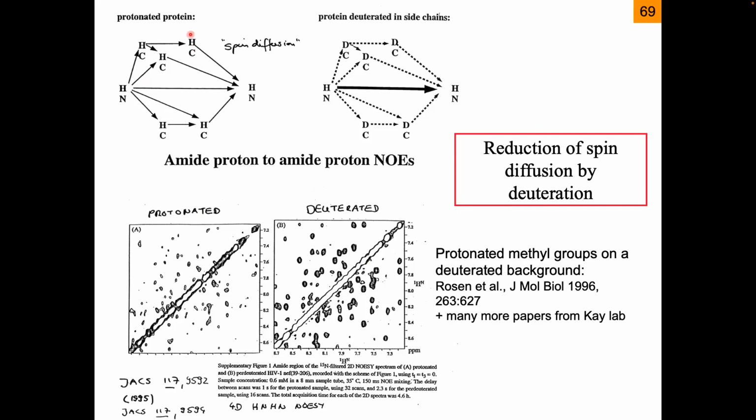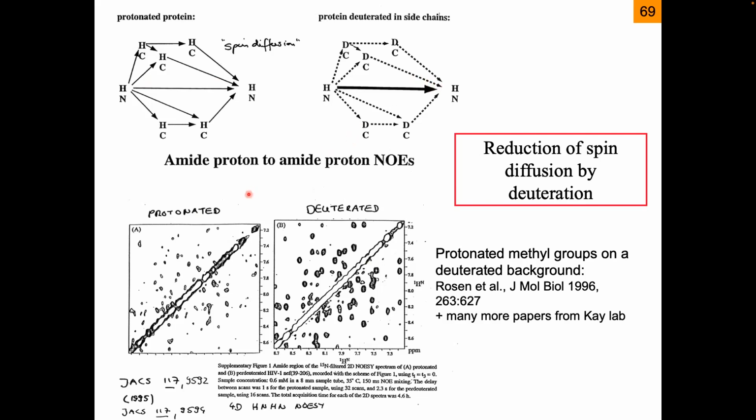And if you have another proton that is further away, you hardly detect any NOE anymore because the magnetization has spread out everywhere. But when you dilute now the proton spins with deuteration of the aliphatic groups and back exchange, for example, the amides, then the magnetization does not go very much to the deuterons. And then when you have a longer mixing time, you will get much more magnetization onto a faraway proton.